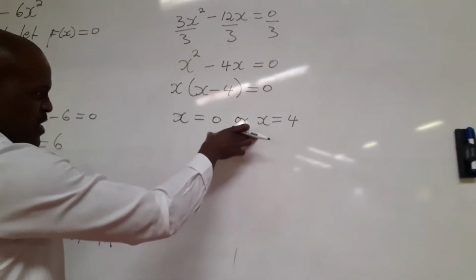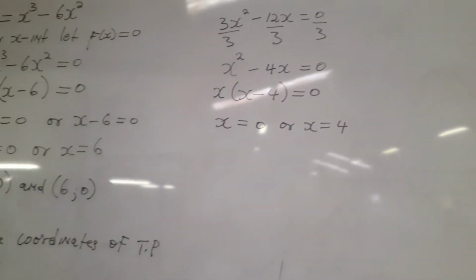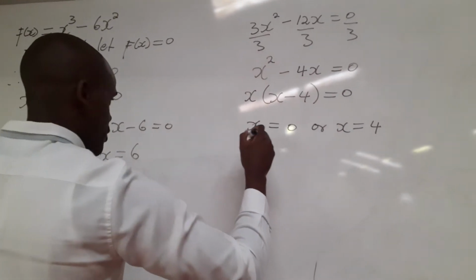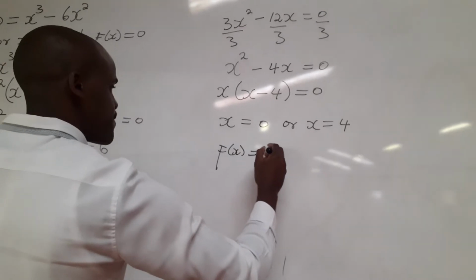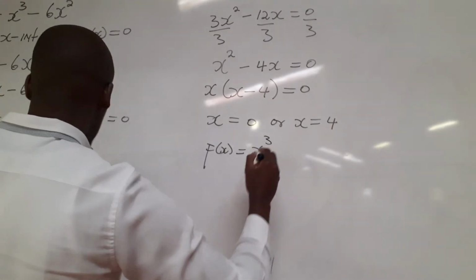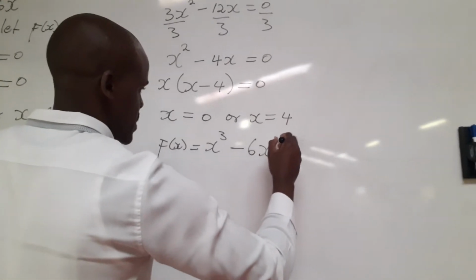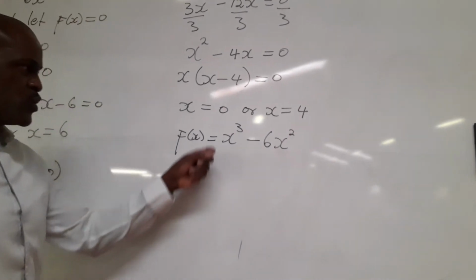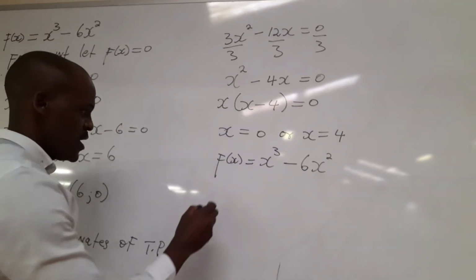For y value at the turning point, we substitute these values into the original equation. So our original is f at x equals x cubed minus 6x squared. Right, we are going to use these values of x to find y value at the turning point.